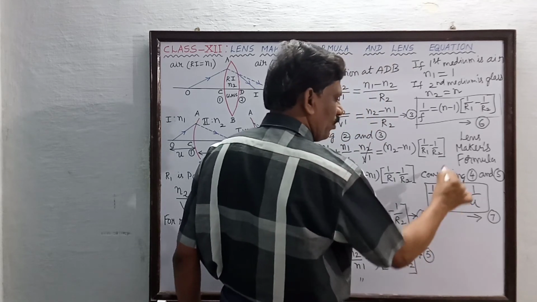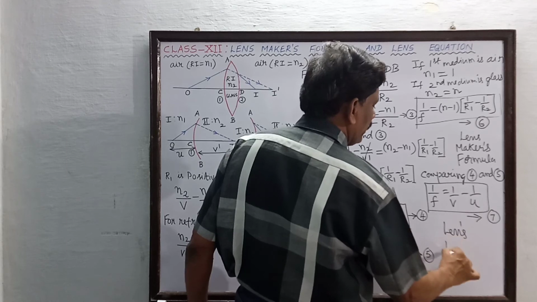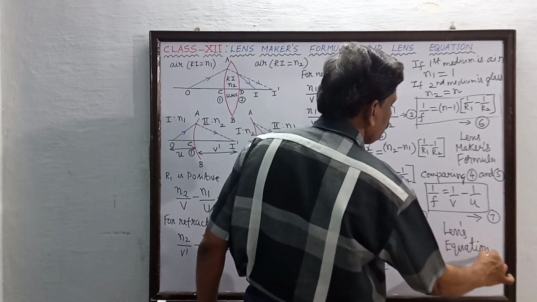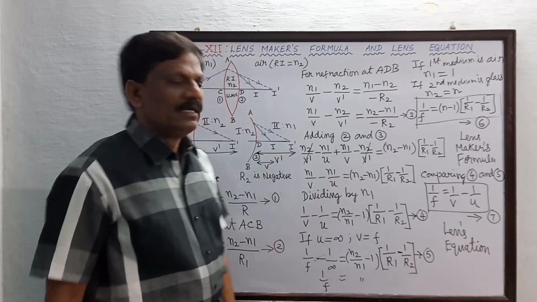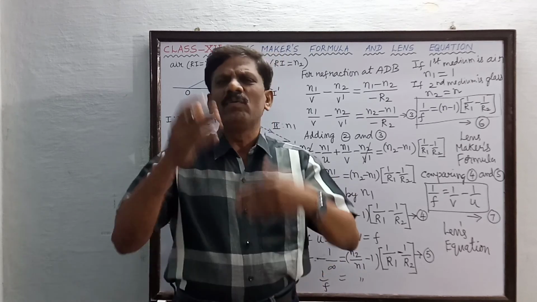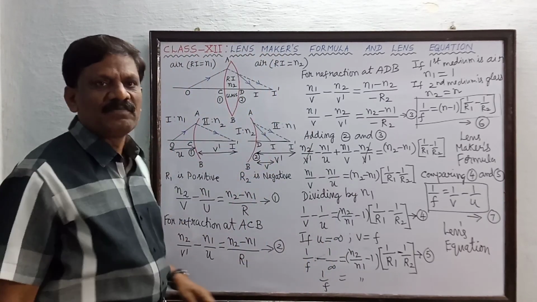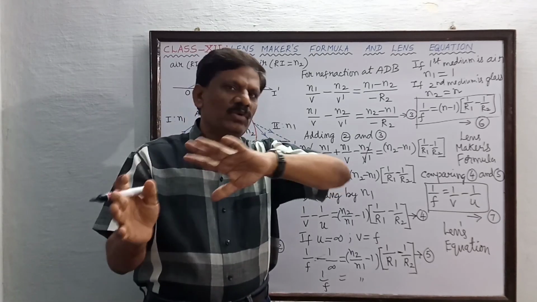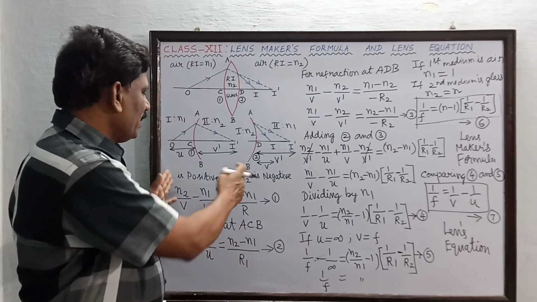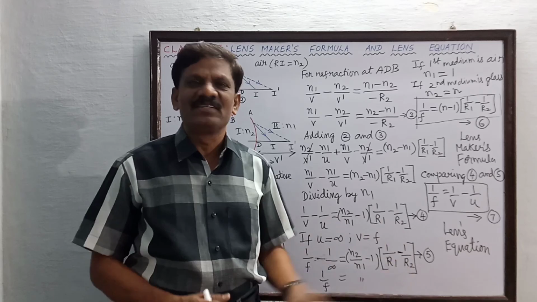This relates the focal length, image distance and object distance, and this only is called the lens equation. Understand? So this derivation is very easy. You have to practice once or twice by drawing these two stages of diagrams. Split the two refractions into two separate steps and apply the general equation which we derived earlier. Have you understood? I hope you have understood well. Fine.